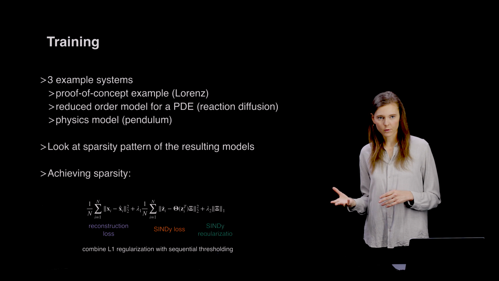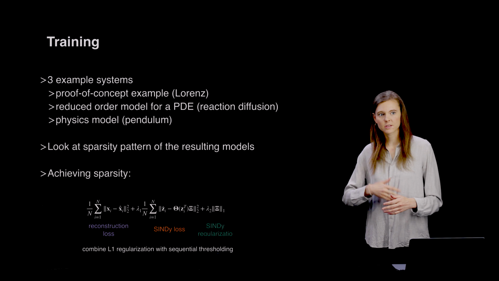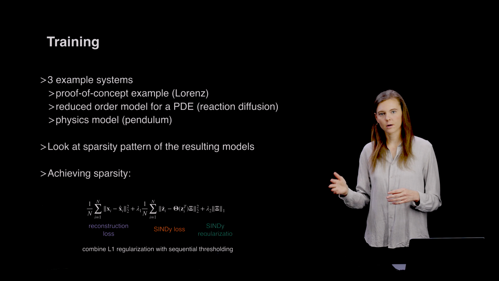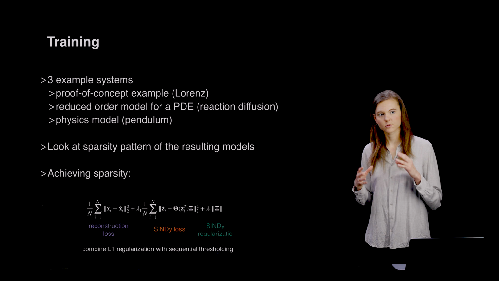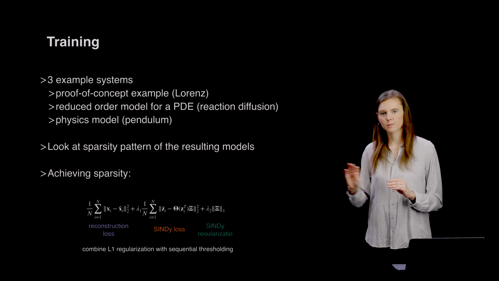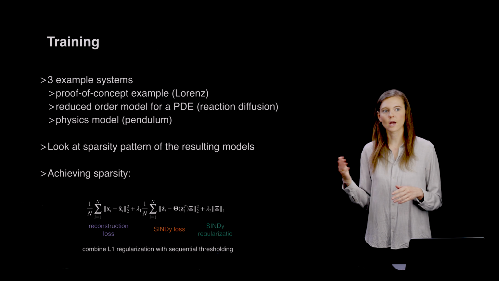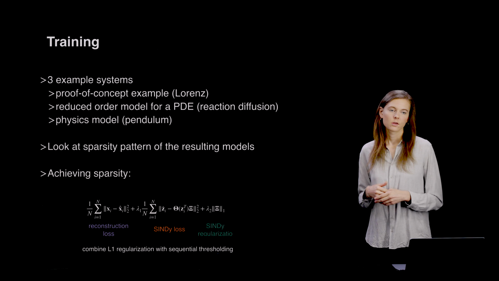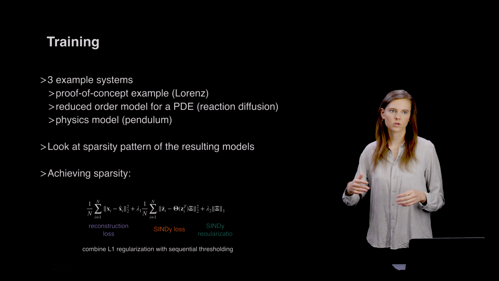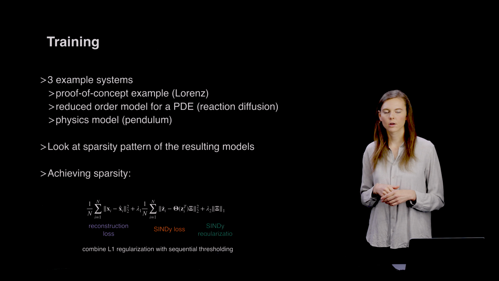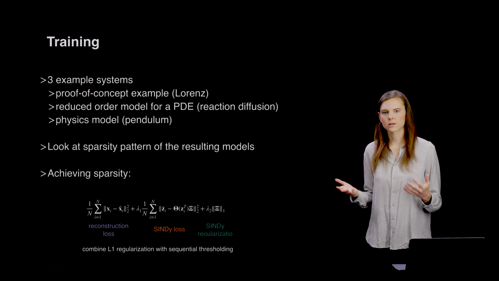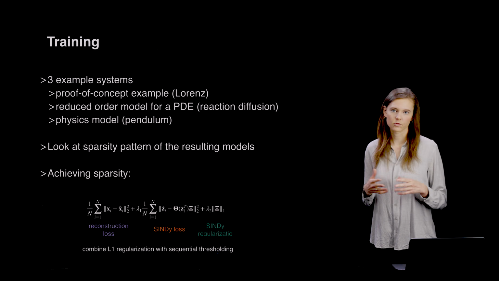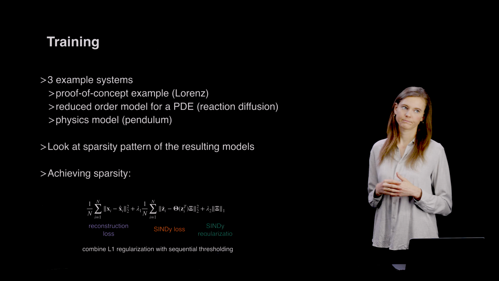But in addition, we perform sequential thresholding, which means that essentially at fixed periods throughout the training, we specify some threshold, and then we just set everything below that threshold to zero. So this gives us a way of sequentially masking out the non-relevant terms in the dynamics. And in the end, this results in a truly sparse dynamical model.